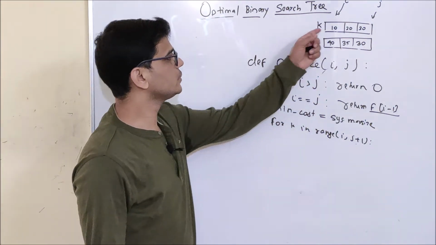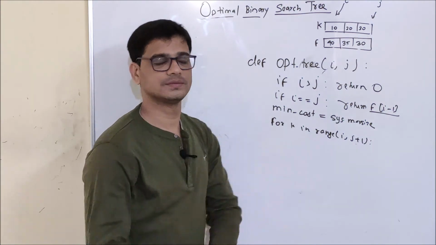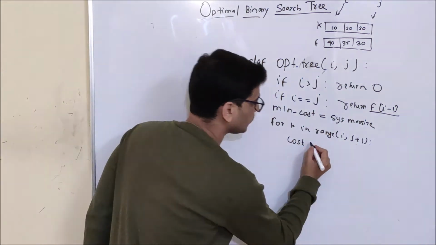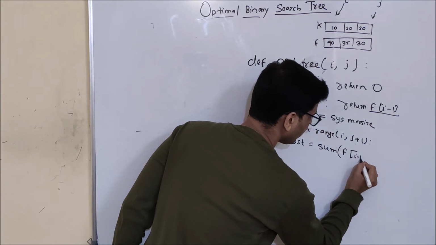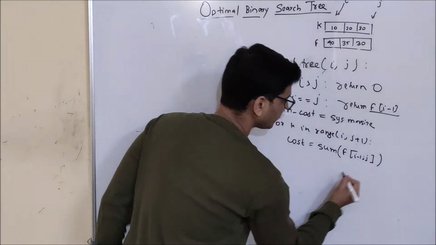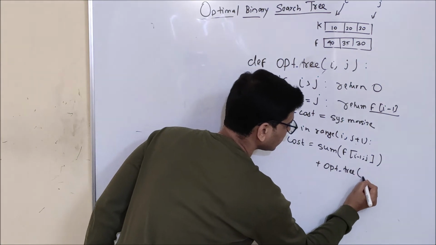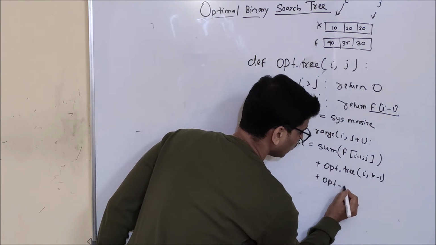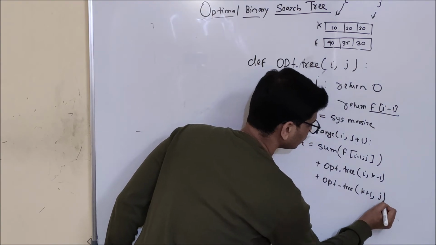I will make each of these keys root, and then we'll check the cost. Now I will calculate cost. Cost will be equal to sum of f from i minus 1 to j, plus opt tree i, k minus 1, plus opt tree k plus 1, j.